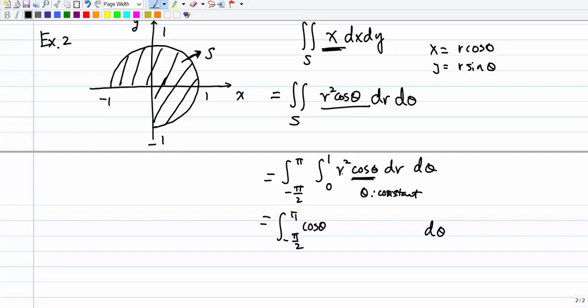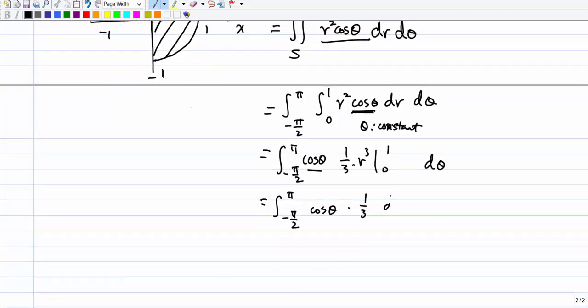So the integration of r squared is just 1/3 of r cubed from 0 to 1. So this gives us the integral from negative pi over 2 to pi of cosine theta, and we still keep it here, times 1/3 r cubed. 1 cubed is 1, minus 1/3 times 0 cubed is 0, so it's 1/3 d theta.